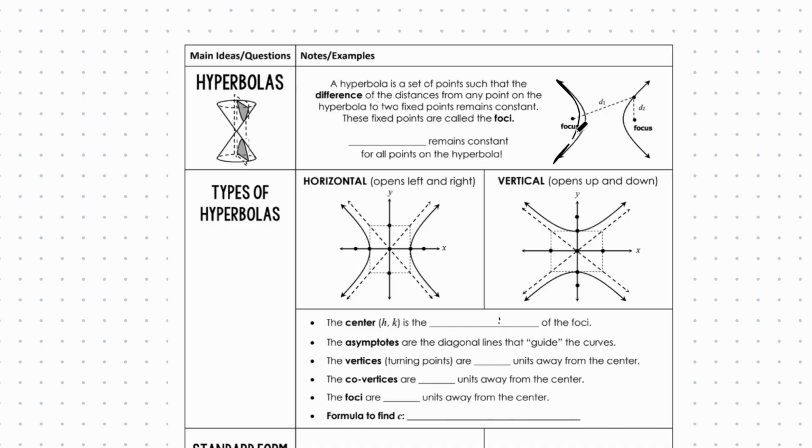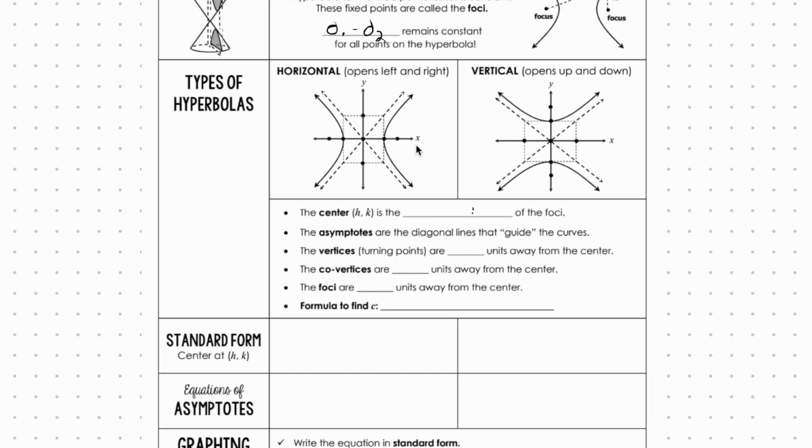If we pick any point on the hyperbola, say this point up here, and we take the distance from one of the foci to that point and the distance from the other focus to that point, and we subtract the two, we find the difference between those two distances is always going to be the same value. So d1 minus d2 is going to remain constant. That's one interesting fact about hyperbolas.